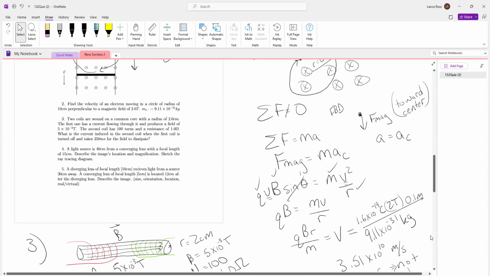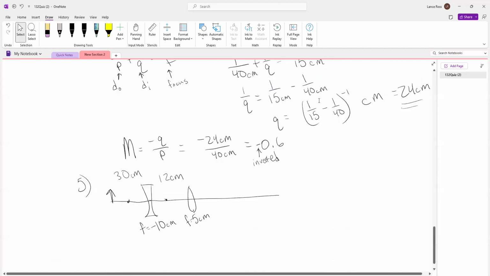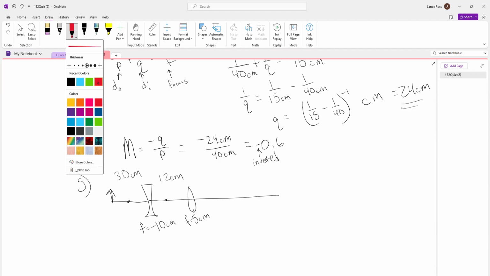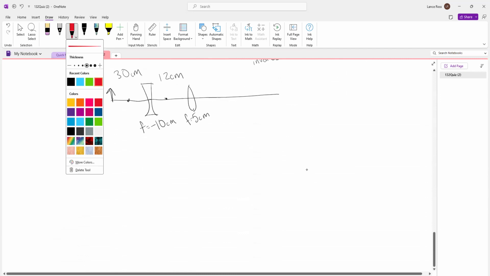All right. Describe the image: size, orientation, location, real, virtual. So everything that we just did for number 4, but now we're looking at a 2-lens system, and it's a little more complicated because we have a diverging lens as well.